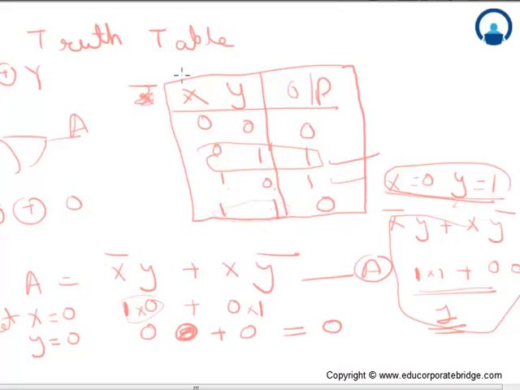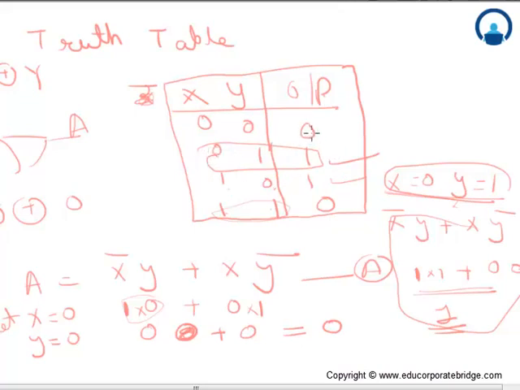So from the truth table of XOR, we can clearly see that if both the inputs are the same, that is, X is 0, Y is 0, or X is 1, Y is 1, the output is low. If the inputs are different, then we get the output as 1.